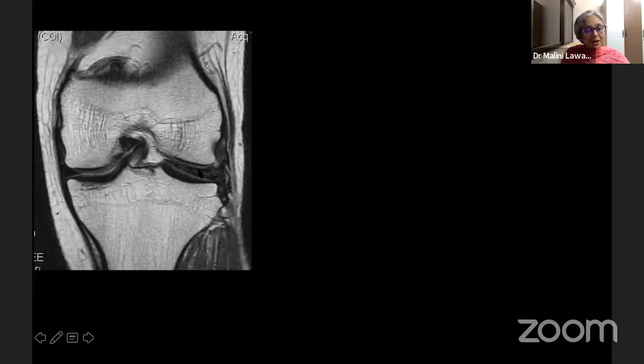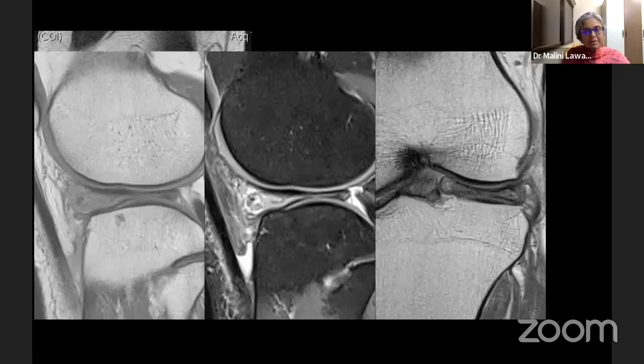You may have a partial discoid meniscus, which could be smaller than this, but larger than the body of the other side. Normally, the bodies of the medial and lateral menisci are of the same size. But here you can see it is much larger. It is showing intra-substance hyperintense signal, bright signal. These are more prone to degeneration because of their abnormal shape.